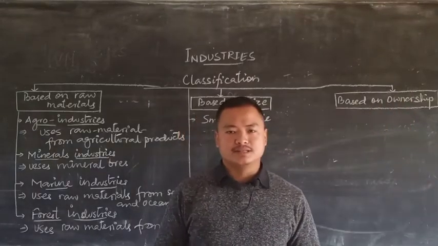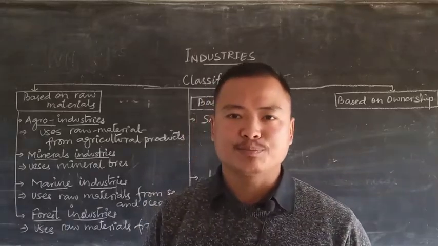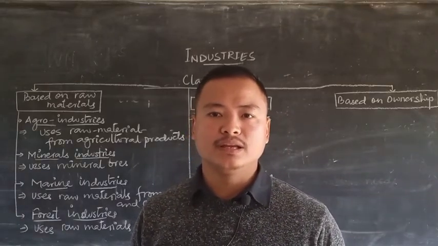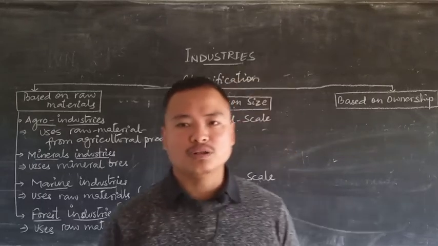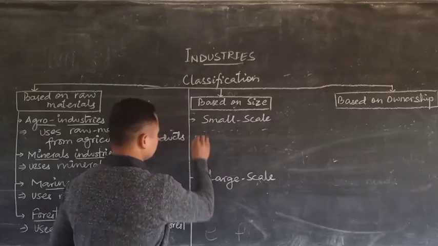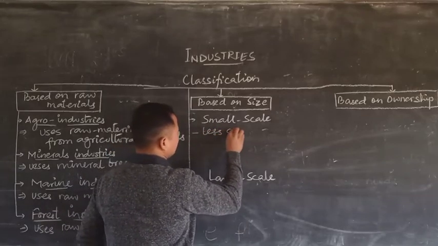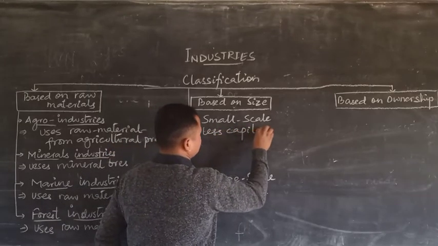In small scale industries, everything that is put into effort is not very huge in amount. It is very less. So when we say small scale industries, here what we see is less capital invested.